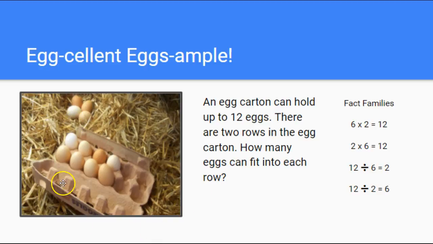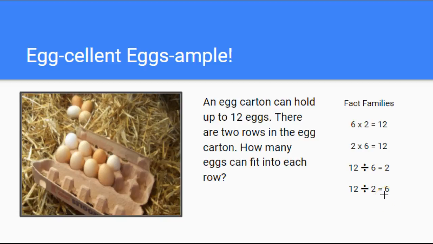That would mean that we would be looking at our rows in this way. 1 row, 2, 3, 4, 5, and 6. So that would be 6 rows with 12 eggs and 2 eggs in each of those rows. That's not the question, is it? We always want to answer the question that is being asked. So in that case, like I said, it is 12 eggs put into 2 rows is 6 in each row.